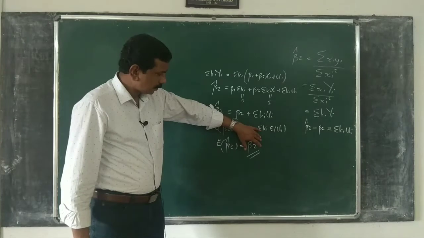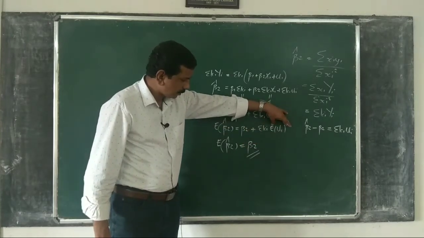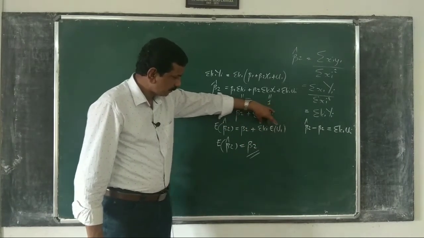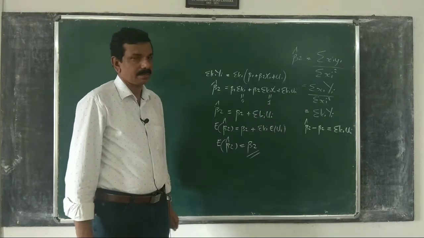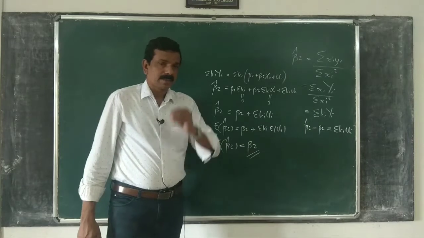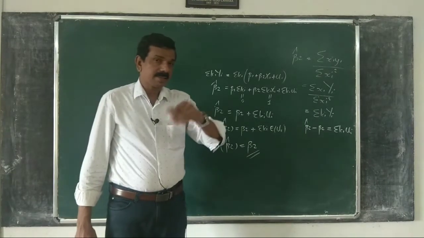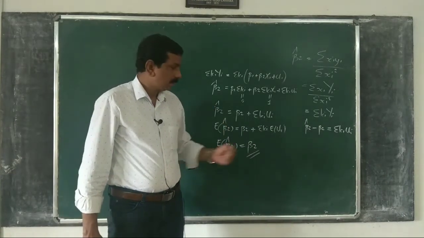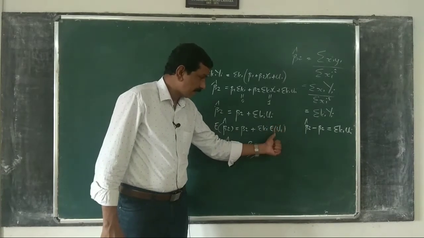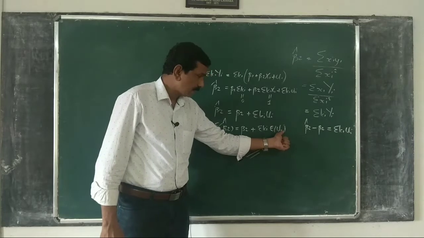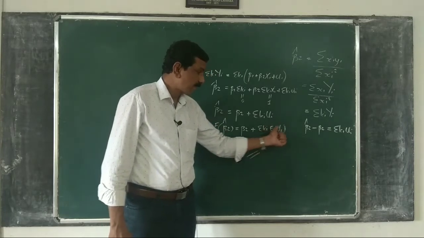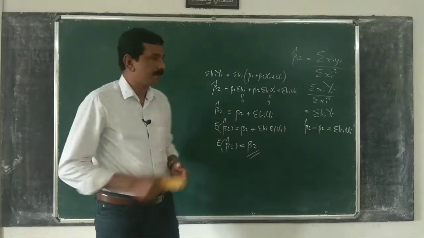And remember this, the unbiasedness property will be satisfied if and only if xi and ui are uncorrelated. That is, the second assumption, covariance xi ui is equal to 0. Never think that it is only because expected ui is 0. Actually, we can take it out because ki is assumed to be fixed in repeated samples.